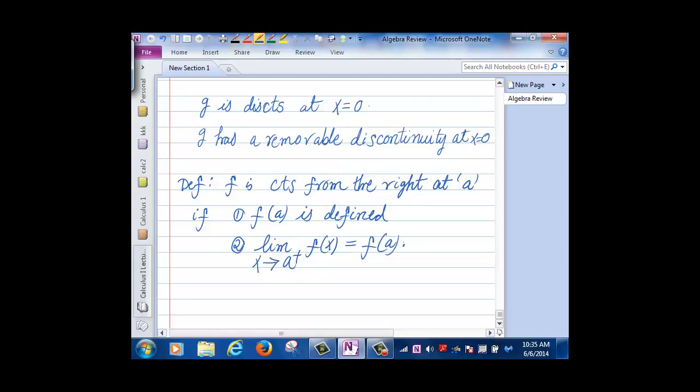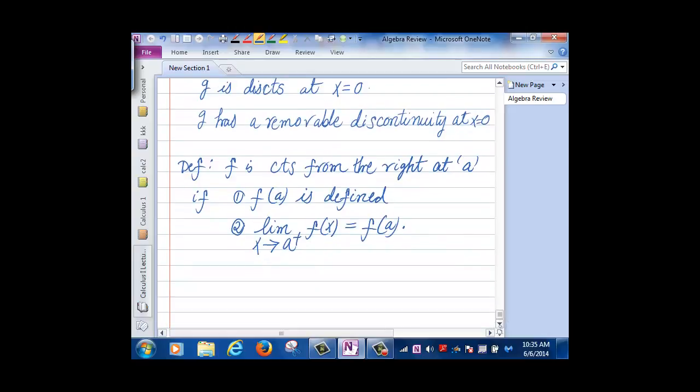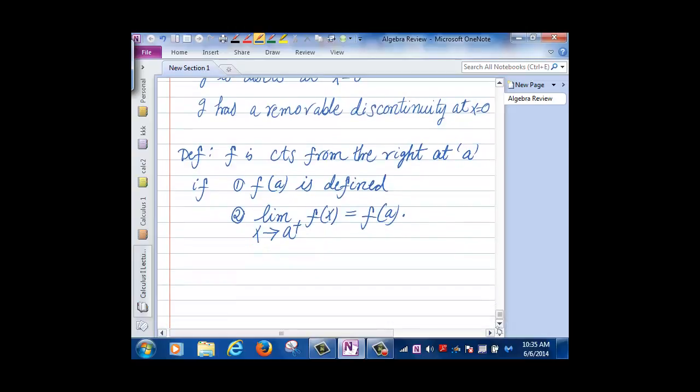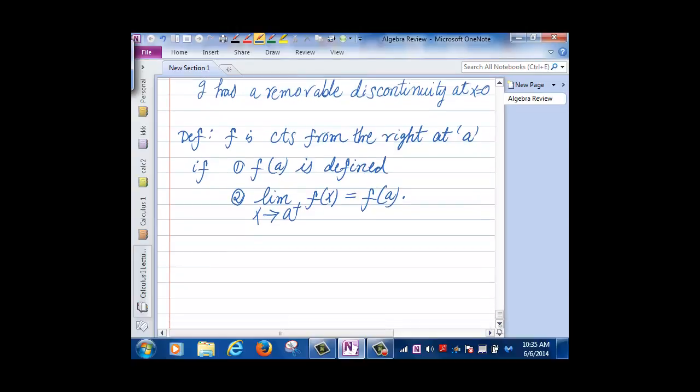And you define the continuity from the left in a similar way. What's going to change in the definition? Instead of the limit going to a from the right, it will be the limit going to a from the left, and then we say that it's continuous from the left.